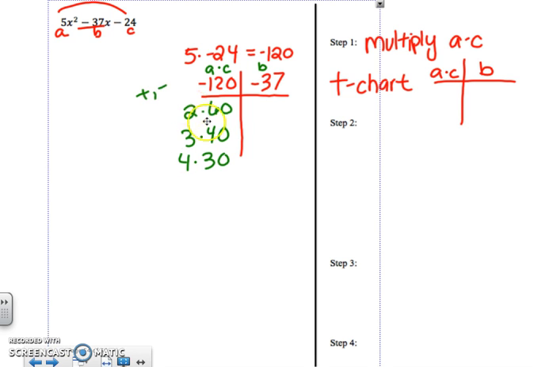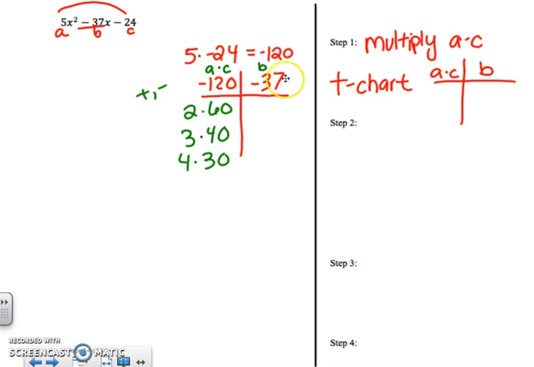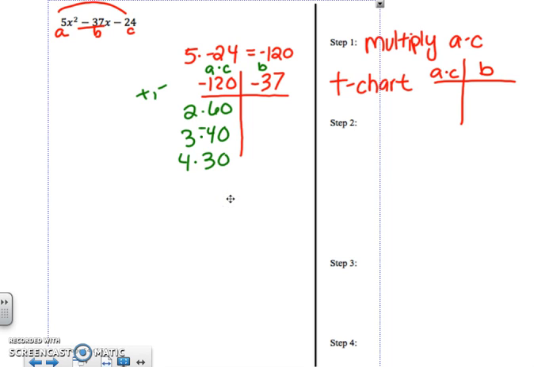So I need to make one of these negative to get to a negative 37. And I notice that 3 and 40 are pretty close to 37 if I put a negative on one of them. So we can guess and check. If you put a negative on the 3, that would give you a positive 37, so that's not going to be it. So you're actually going to put the negative here, and so you would do 3 plus negative 40 equals negative 37. So your two answers, like how we did in the t-chart, would be 3 and negative 40.